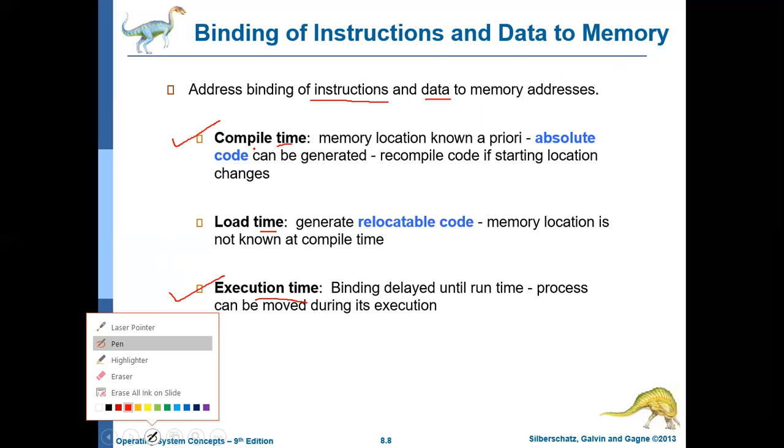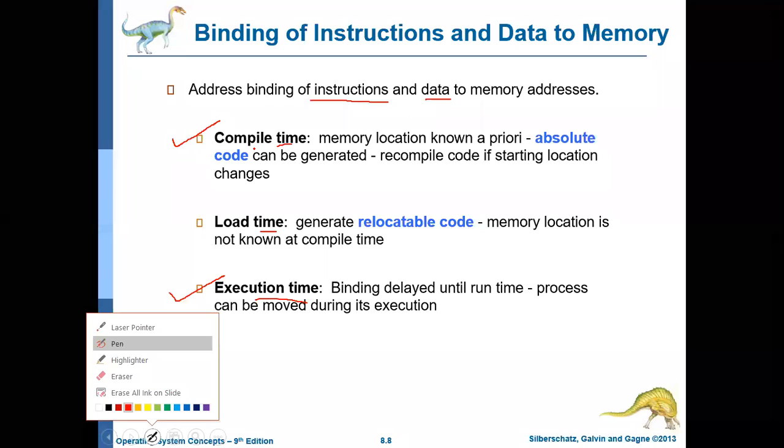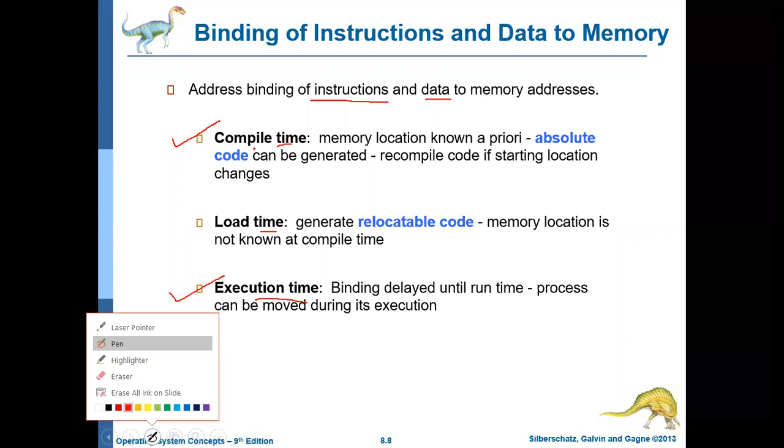Is it clear? If the memory address to which the program will be loaded is known during the compile time itself, then during compilation itself, absolute address or absolute code can be generated. So that type of binding is called compile time binding.